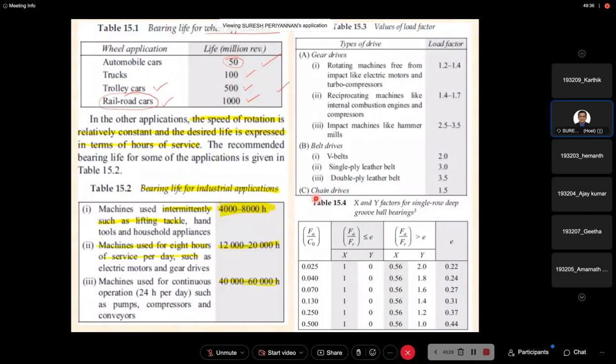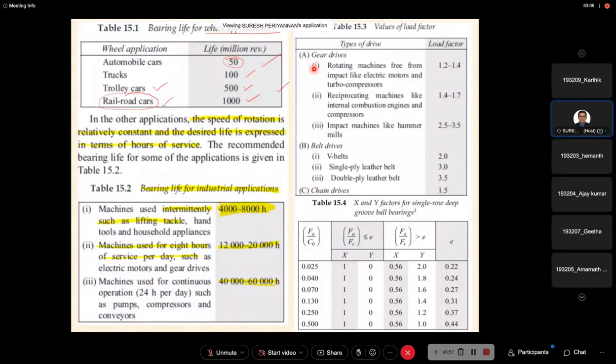Now see here, for example, in gear drives, there is an additional dynamic load due to inaccuracy of the tooth profile and elastic deformation of the gear tooth. Based on that, we are defining this load factor 1.2 to 1.4.